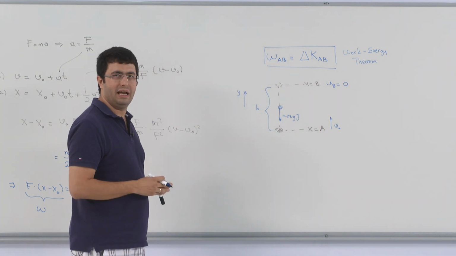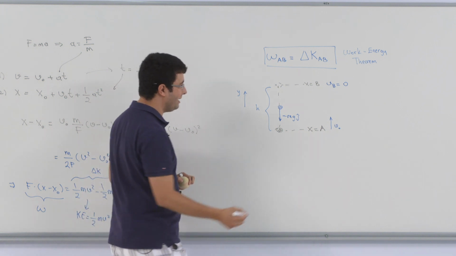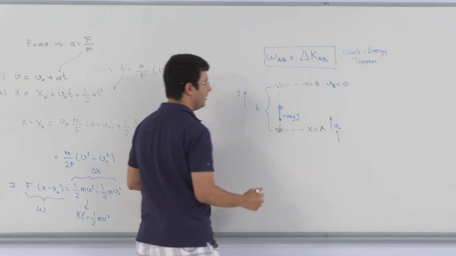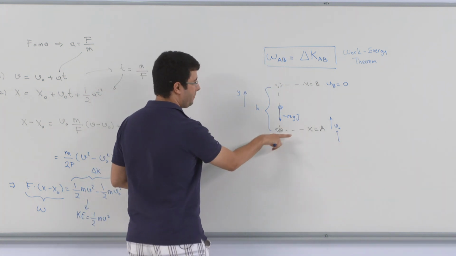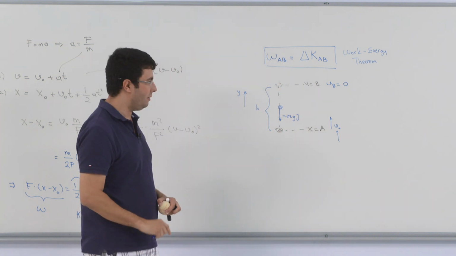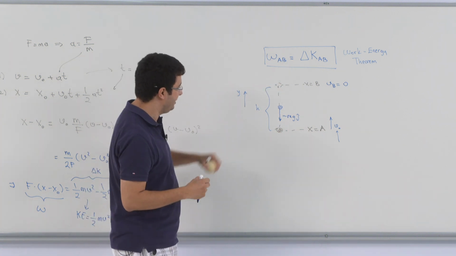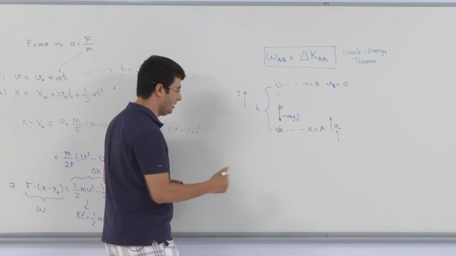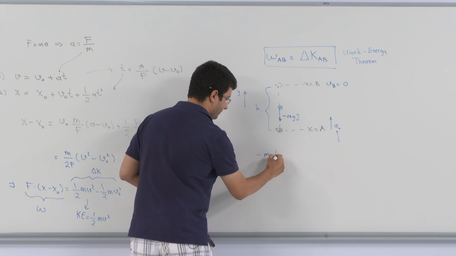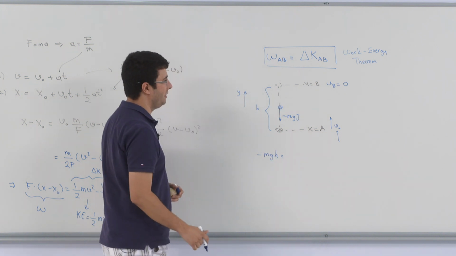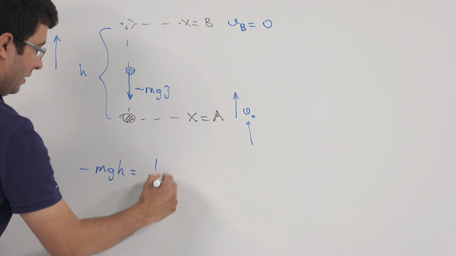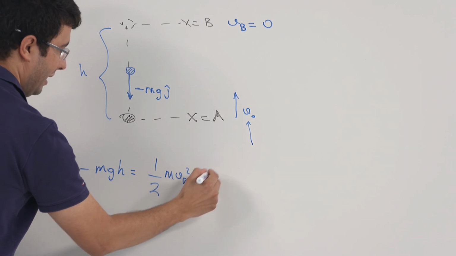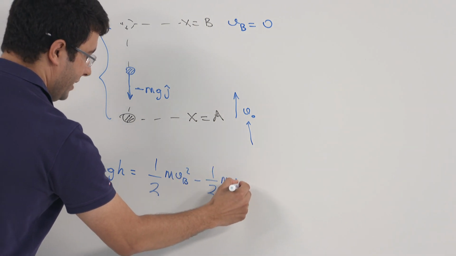So how much work does gravity do? Or in other words, what initial velocity should I give so that gravity takes the baseball from x equal to a to x equal to b? Well, that's simple. The work done by gravity is mg times the change in distance, so it's mg times h. This equals the change in kinetic energy, so it is 1/2 mvb square minus 1/2 mva square.